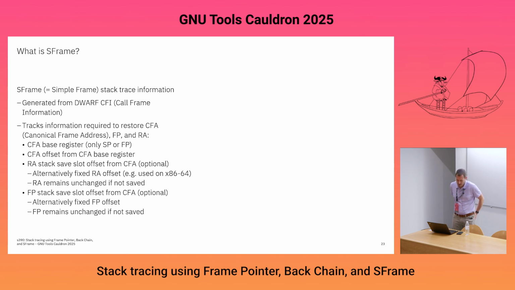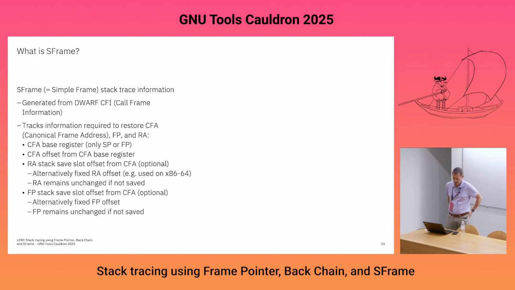More specifically, it tracks the CFA base register. Currently, SFrame only supports the stack pointer or frame pointer register as CFA base register, and the CFA base offset, the offset from the CFA base register. Then, optionally, it can track the return address stack save slot offset from CFA. As an alternative, it can also use a fixed return address offset, which is used on x86.